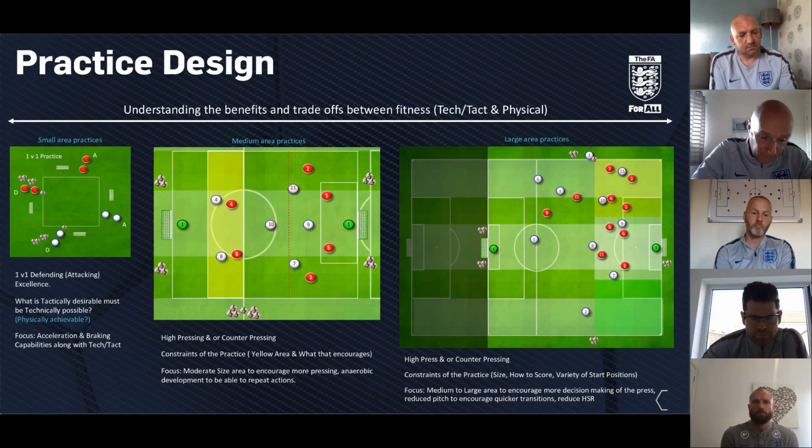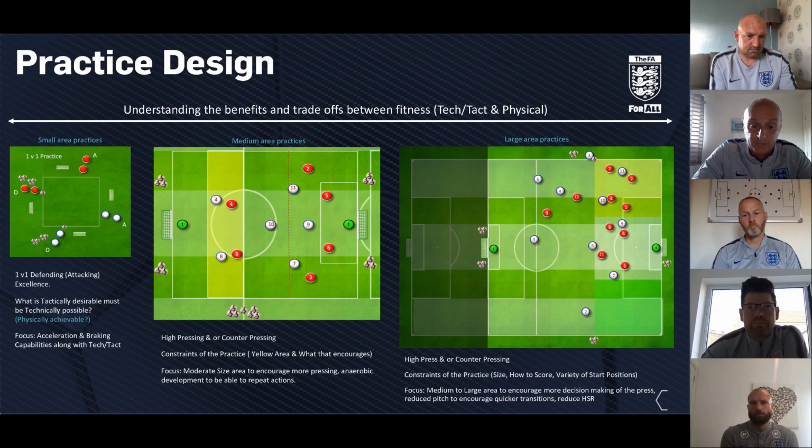I'm testing physical outcomes. And at some stage, I need to test the players to see how robust they are. Because one of the things that is thrown at players at this moment in time can be that we're not robust enough as we get through the age groups. So I'm talking now 15 to 18 time. Are your players robust enough? And how do you test them?